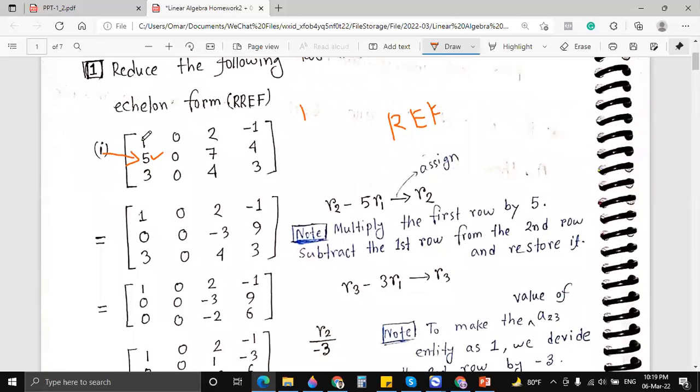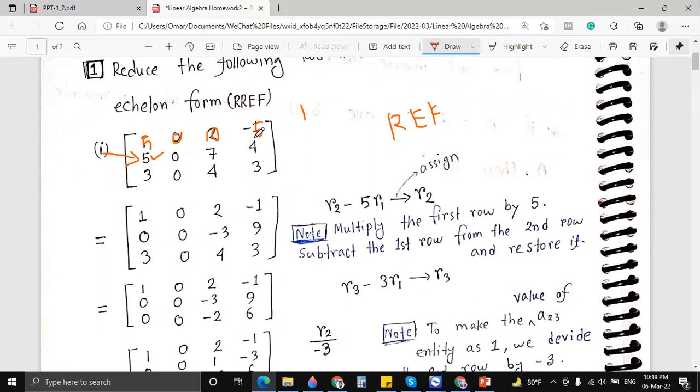For example, if I multiply 5 with the first row, I get 5, 0, 10, and -5, right?